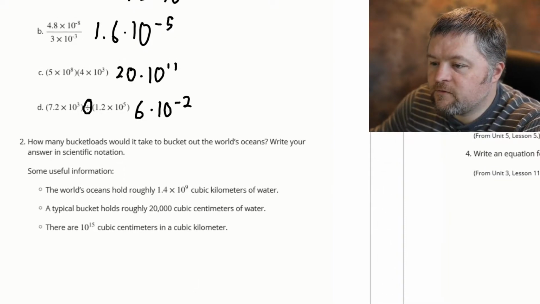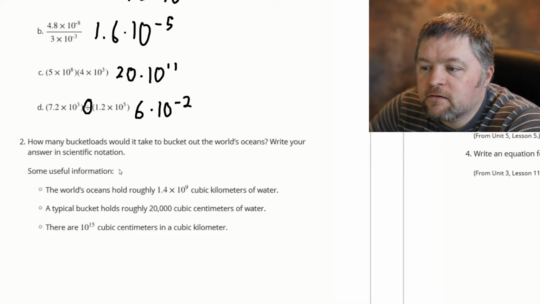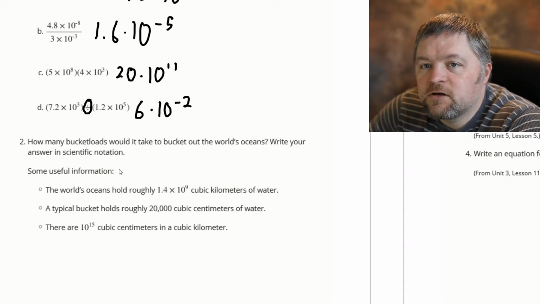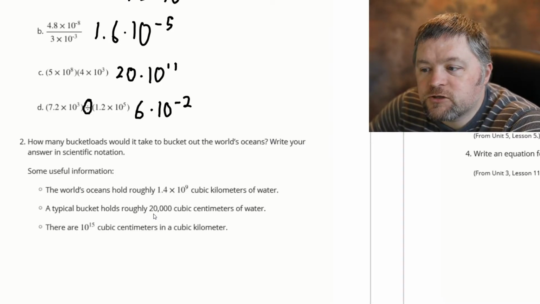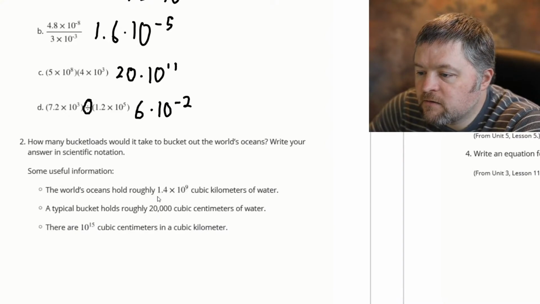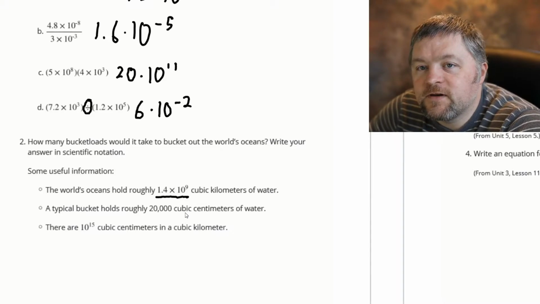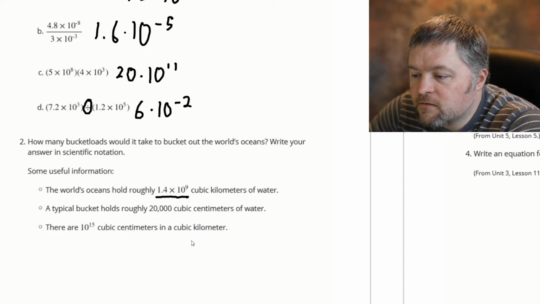Okay, now, how many bucket loads would it take to bucket out the world's oceans? Write your answer in scientific notation. The world's oceans hold roughly 1.4 times 10 to the power of 9 cubic kilometers of water.